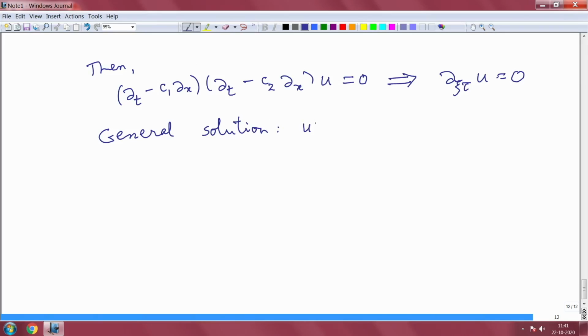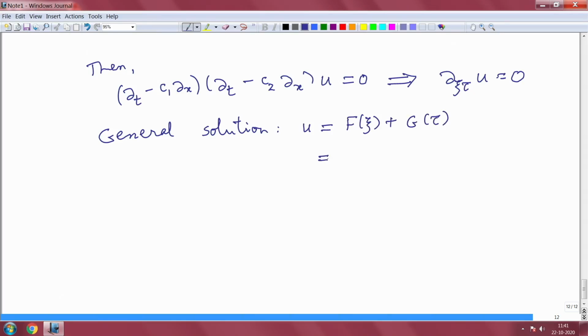So u is equal to, first let me write in the xi tau variables. So, this is the general solution of this equation.